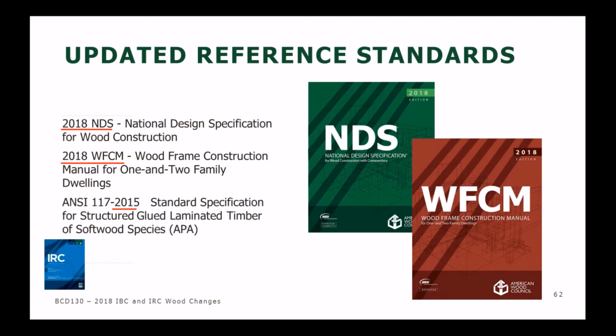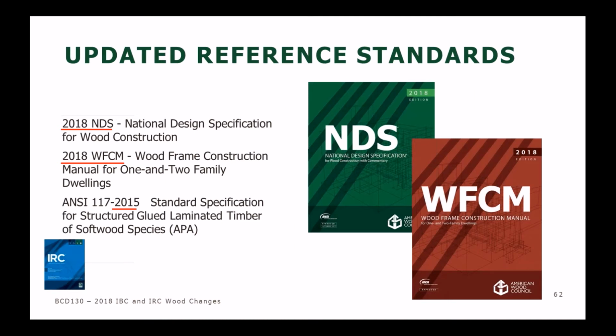So the 2018 NDS and 2018 Wood Frame Construction Manual are both referenced in the IRC as options to use for the design of the wood structure rather than using the IRC.